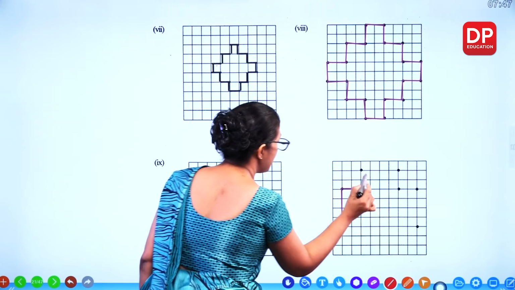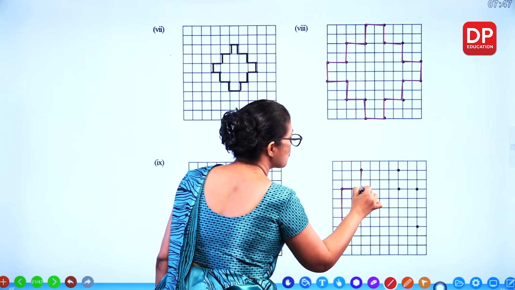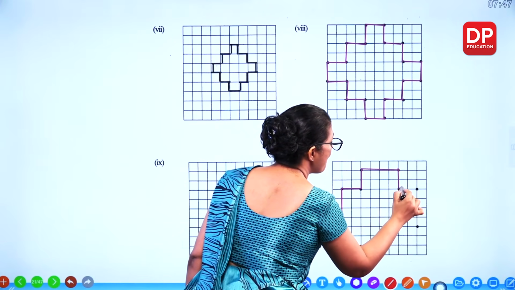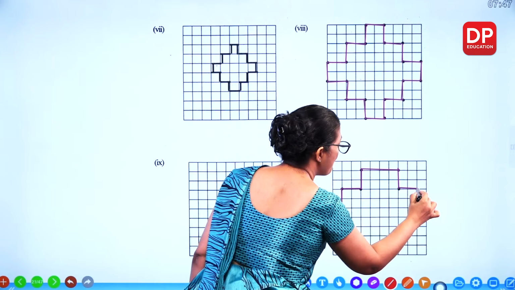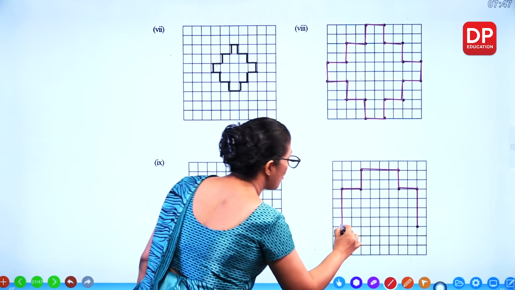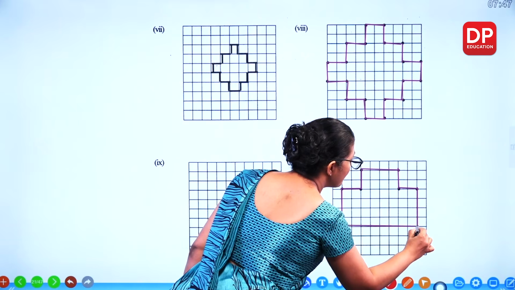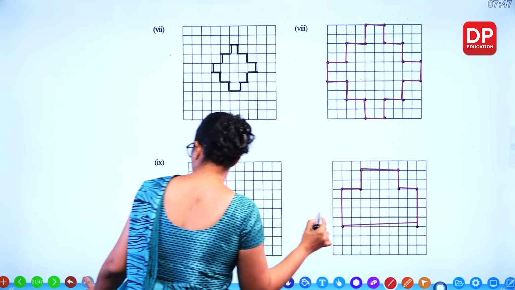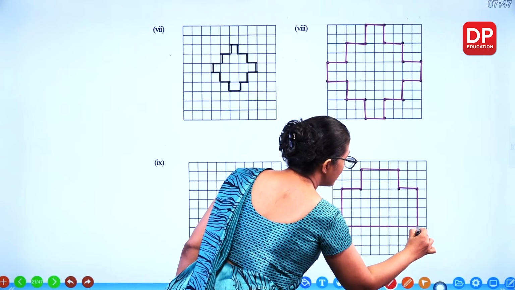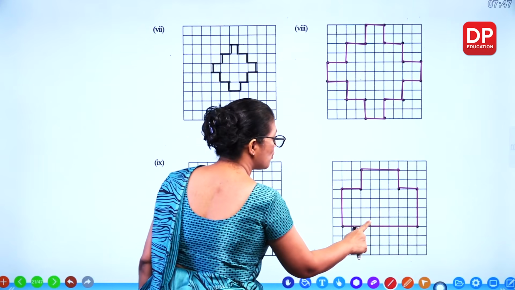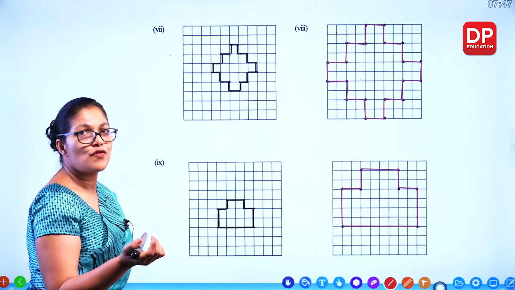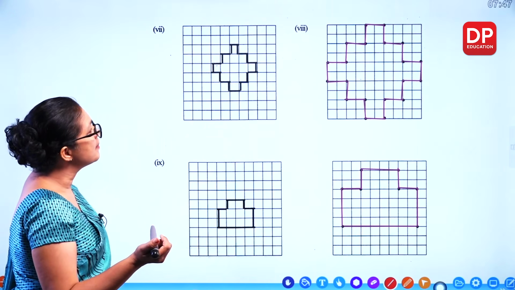And 2 squares here. 2 squares here and here, and here just a horizontal line. Just a horizontal line here. See, what's the length? 1, 2, 3, 4, 5, 6, 7, 8 squares here. 4 squares. 4 times 2, 8.